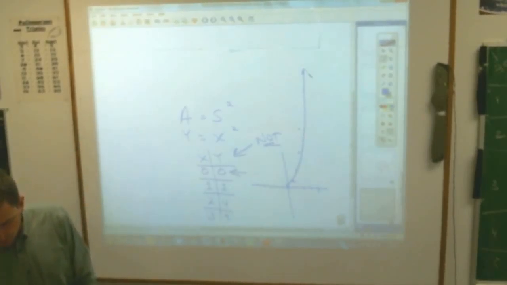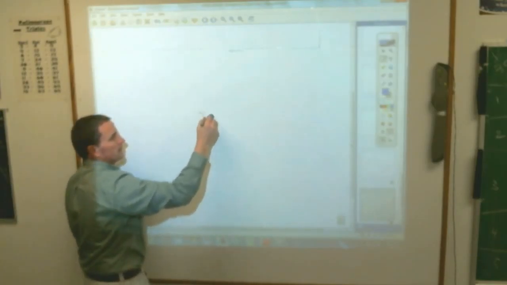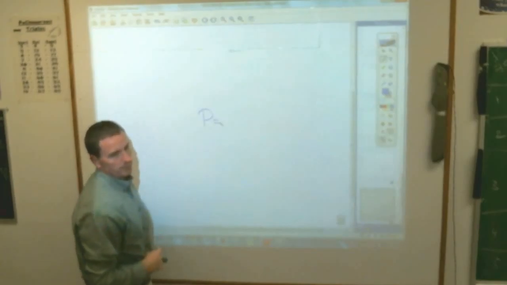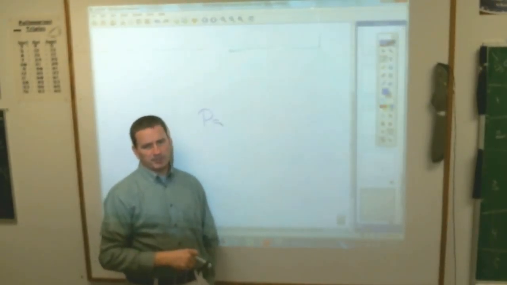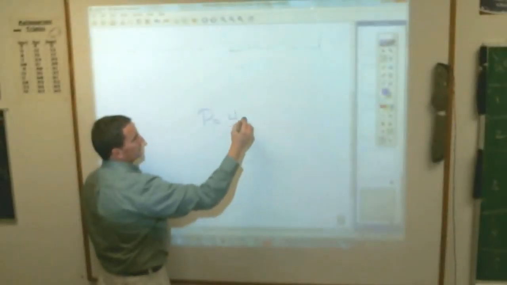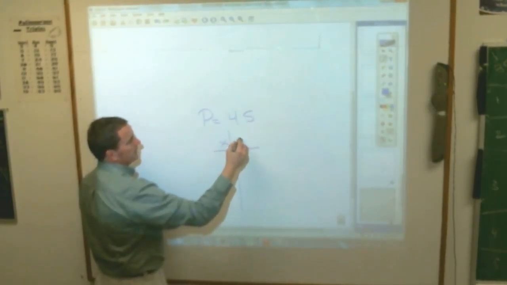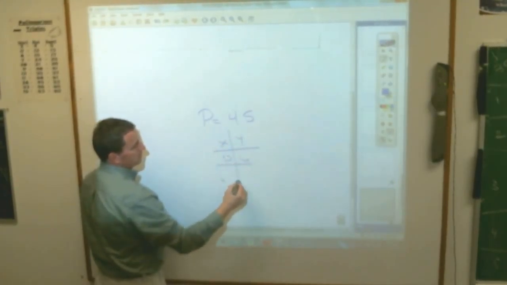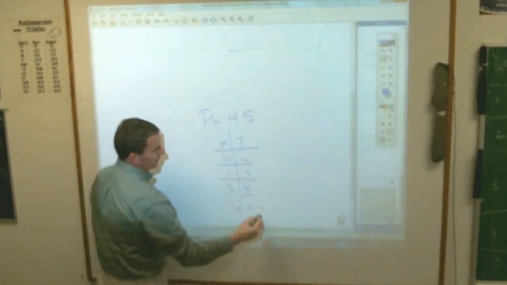What about this one? What about the perimeter of a square? The formula for perimeter of a square would be what? Rather than saying s plus s plus s plus s, it would be, Brooke? 4 times every side. And if you do this out in table form, you end up with 0, 0, 1, 4, 2, 8, 6, 24.